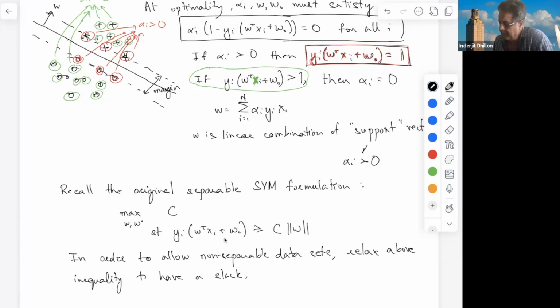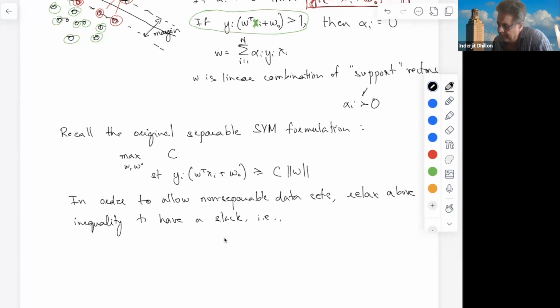So what do I mean? We will change the inequality such that I have the same thing on the left-hand side, right? Because that's just talking about whether the point is correctly classified or not. But I will actually have C, and then we will introduce psi I times norm of W. And this is going to be greater than or equal to 0.